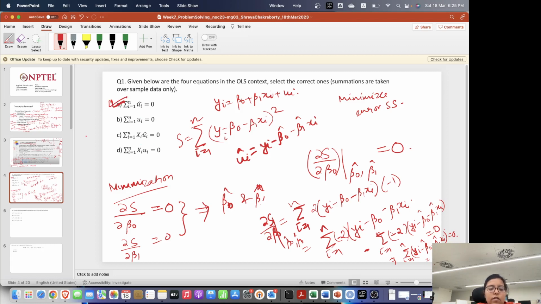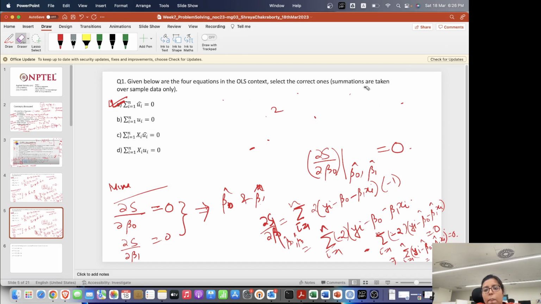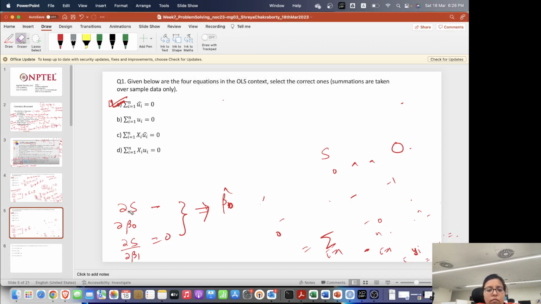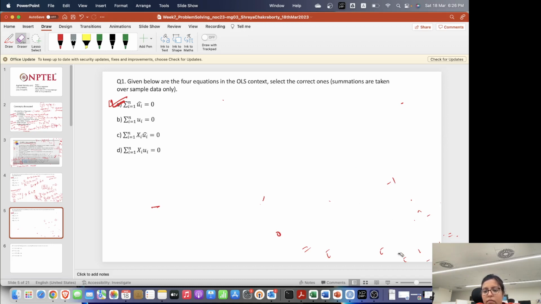So similarly, from the second equation, if we do del S del beta 1 at beta naught hat and beta 1 hat, that will also be 0.